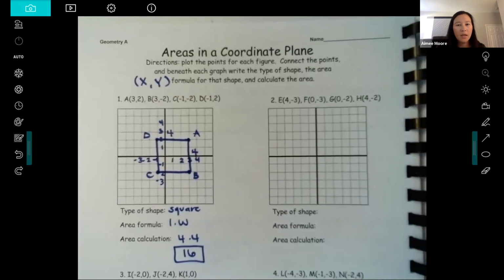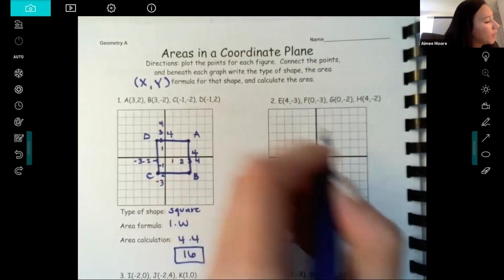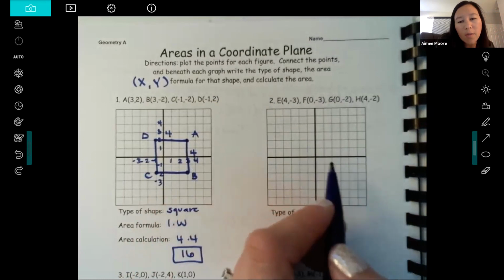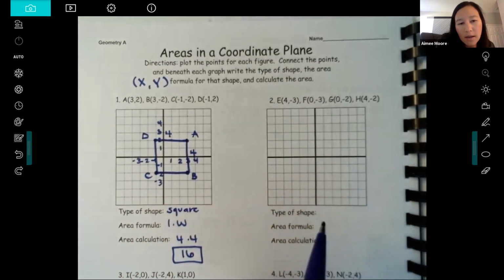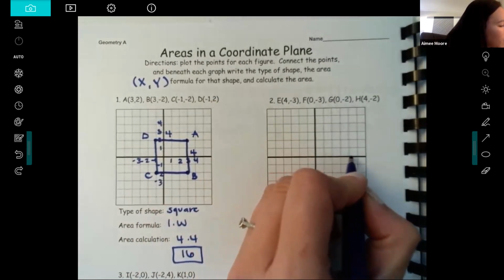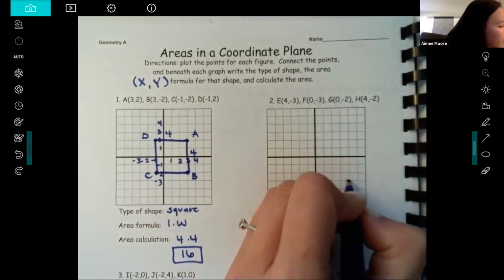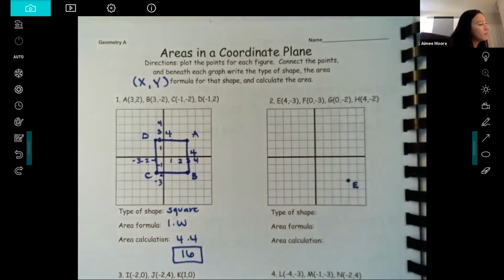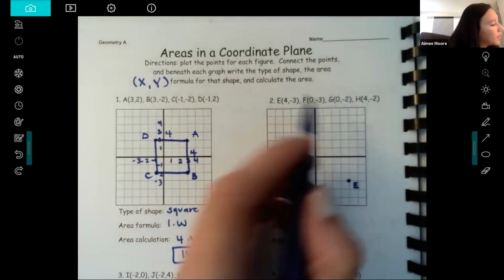Okay, perfect. Okay, let's graph number 2. So we have 4, negative 3. Do you need me to label the grid or are you good just counting the boxes? I'm good. Okay, so 4, negative 3, 1, 2, 3, 4, negative 3. That's point E. F is 0, negative 3.